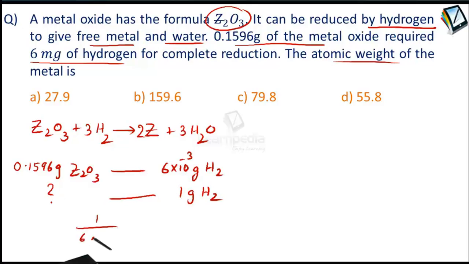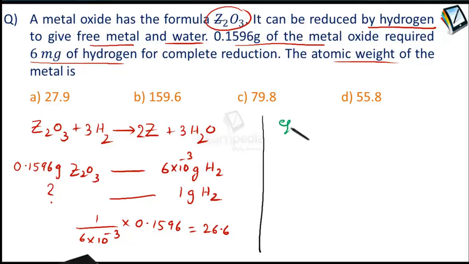It is 1 upon 6 into 10 power minus 3 multiplied by 0.1596, and this comes to be equal to 26.6. What is this 26.6? This is the equivalent mass of the metal oxide Z2O3.